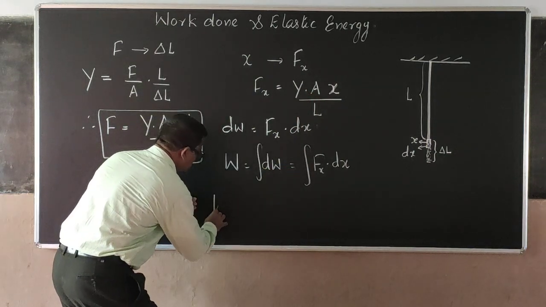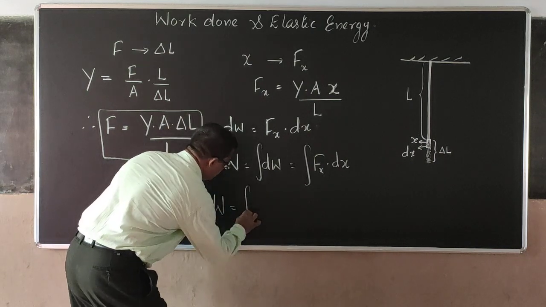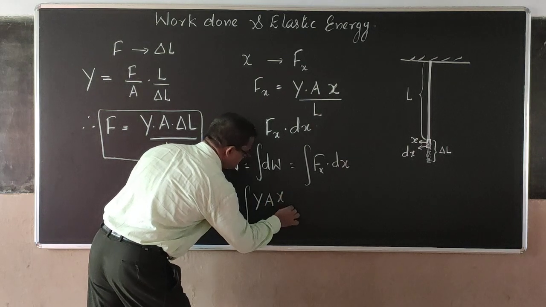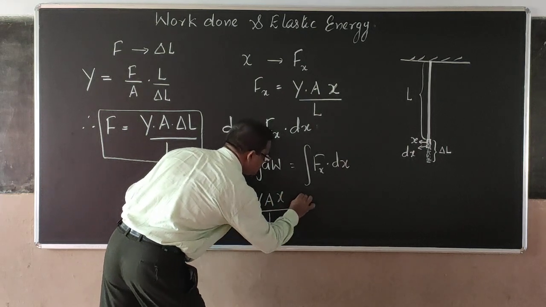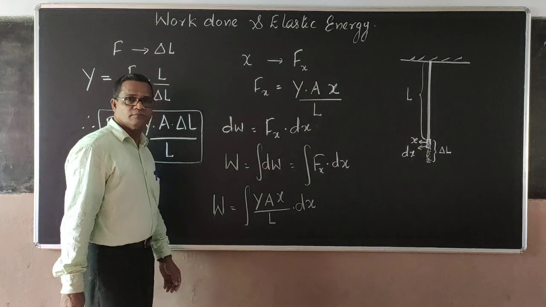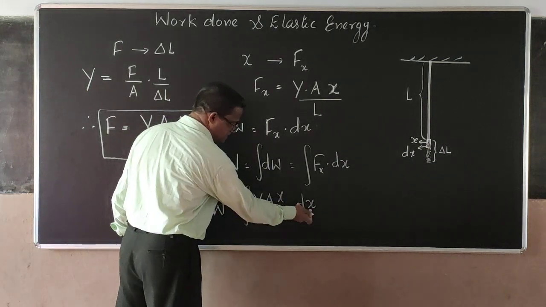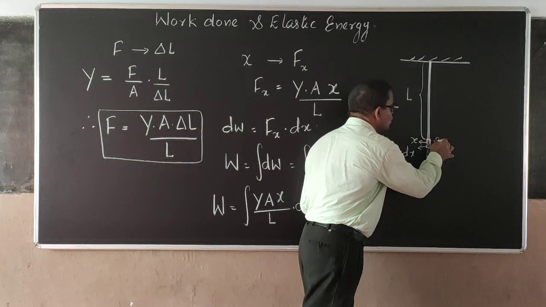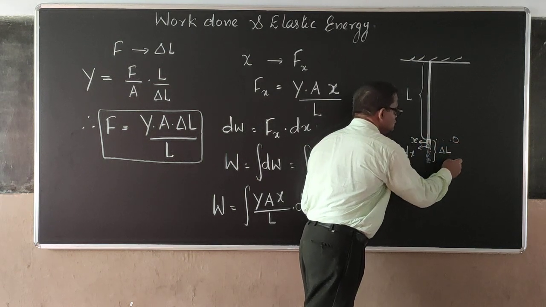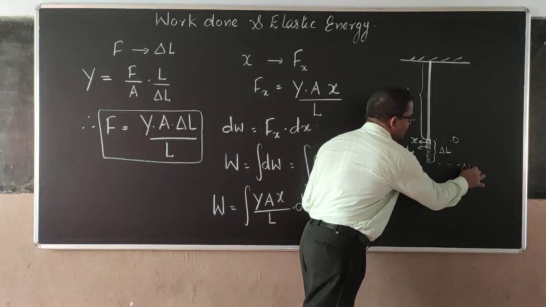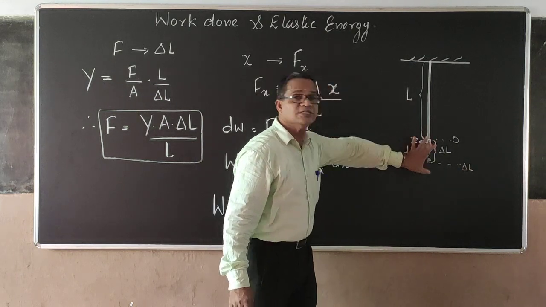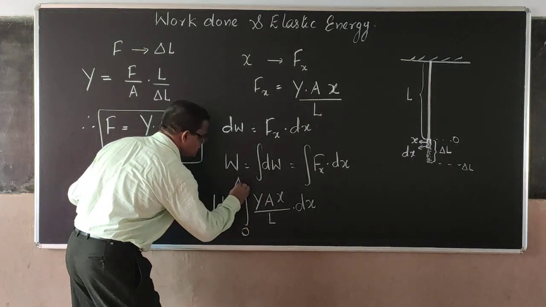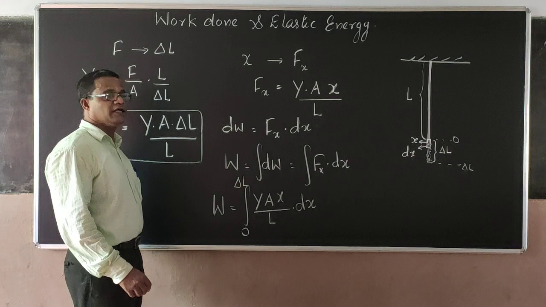So I get W equal to the integral of Y into A into x divided by L into dx, where x varies from 0 to delta L. So 0 to delta L is the integration limit.